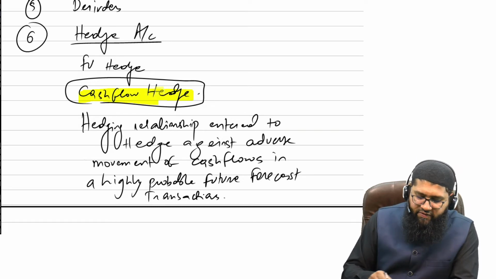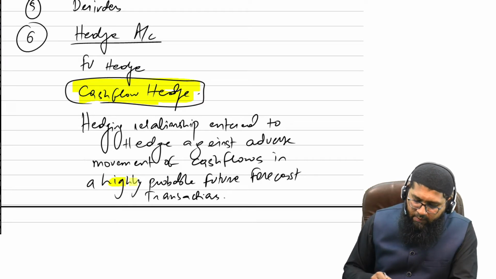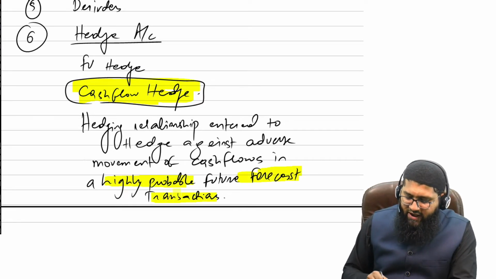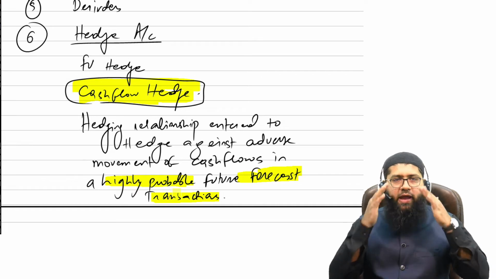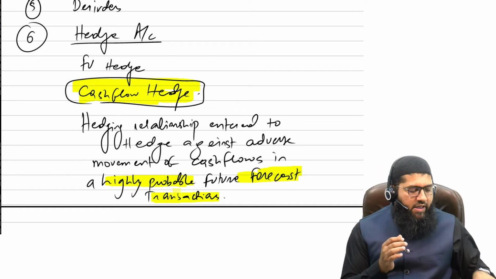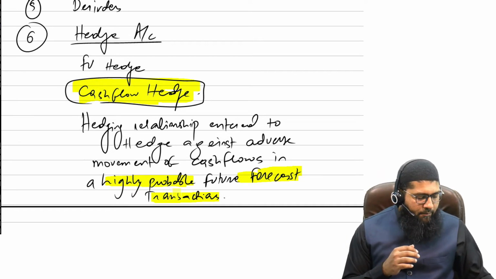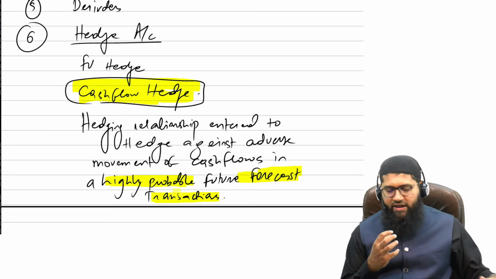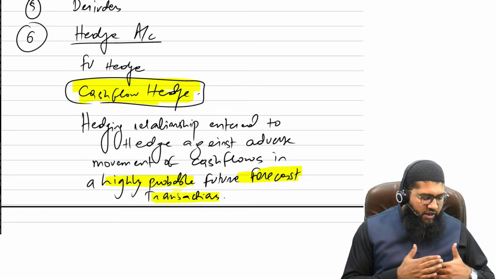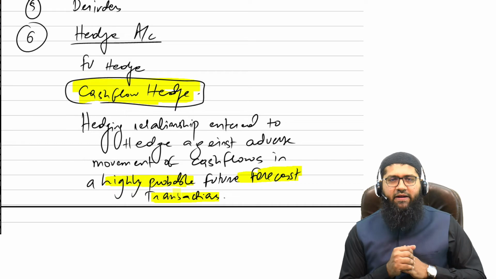So if there is a highly probable future forecast transaction, and you would like to hedge yourself against the adverse movements in its cash flows, then you would say that it's a cash flow hedge.